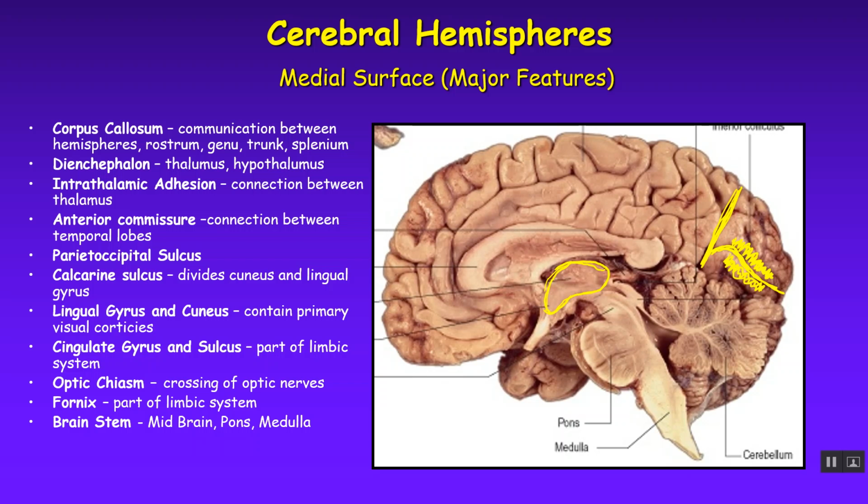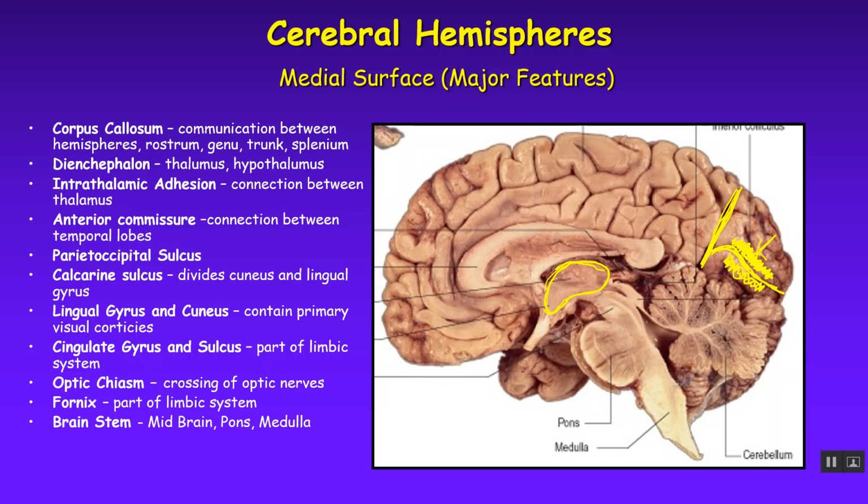And your vision is upside down, and it's the opposite side. So this is a right hemisphere. This area right here would be seeing the lower part of your left vision, because this is on the upper part of your right hemisphere.